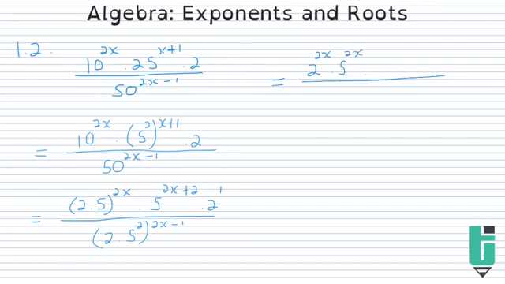And that whole thing is multiplied by 5 to the 2x plus 2, and here we still have our 2 to the 1.